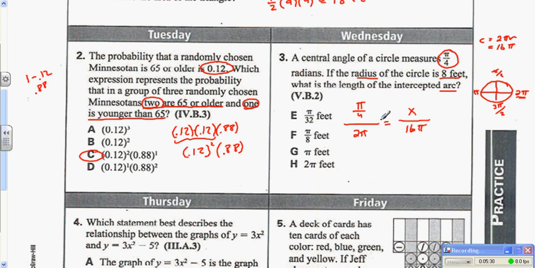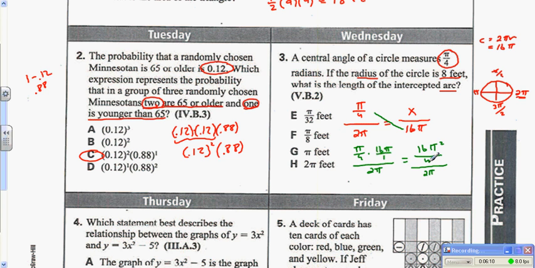If you cross multiply, you would get pi over 4 times 16 pi over 1, just to put them as fractions. So pi over 4 times 16 pi divided by 2 pi. It looks messy, but let's clean that up. If we multiply these together, we get 16 pi squared over 4, all over 2 pi.